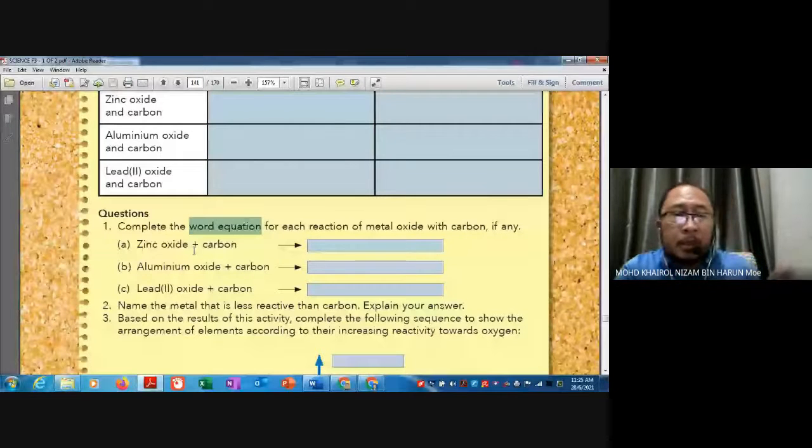So we look here, for example, we take this one, lead(II) oxide reacts with carbon. So what exactly happened?